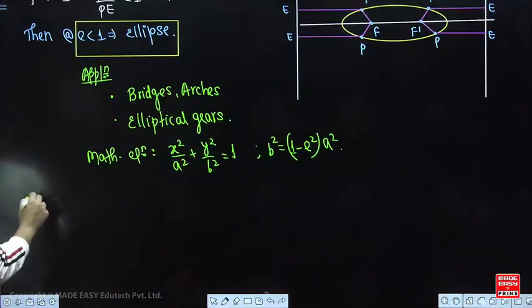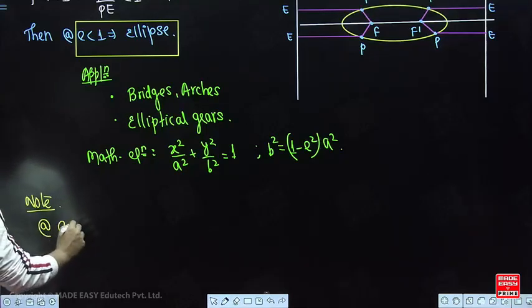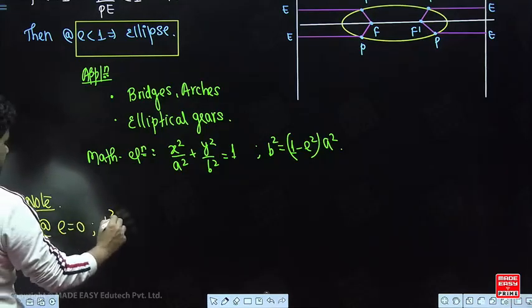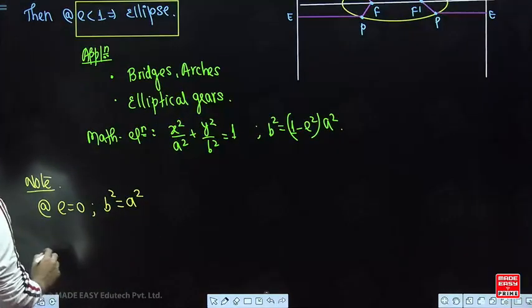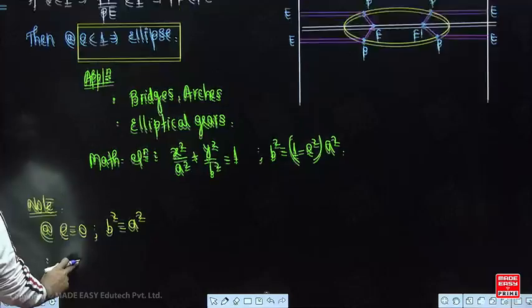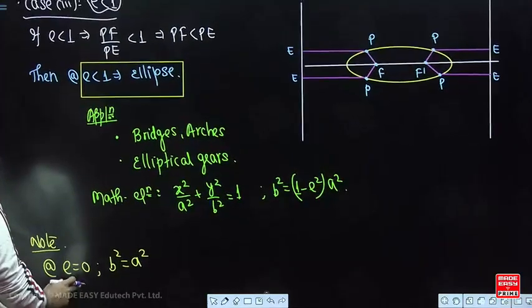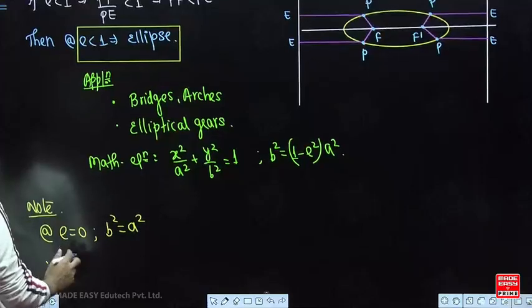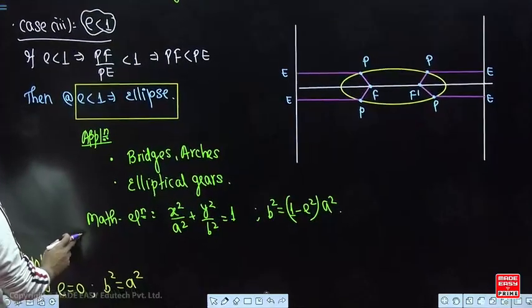Note: at e is equal to 0, b square will become a square. So therefore, note it down फटाफट से.